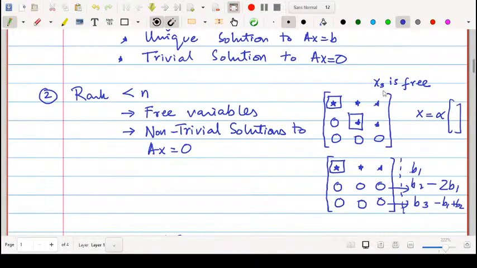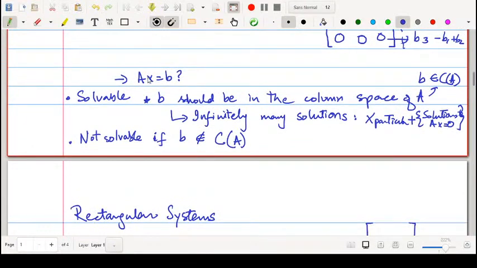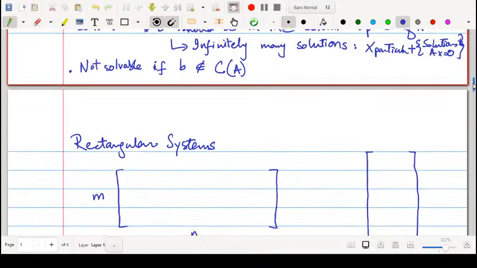If the rank is less than n, then you get a free variable, and free variables for Ax equals 0 give you a non-trivial solution, but free variables for Ax equals b give you conditions to satisfy. If those conditions are satisfied, that is, this row is satisfied, 0 equals b3, then we get infinitely many solutions, otherwise we don't get any solution.